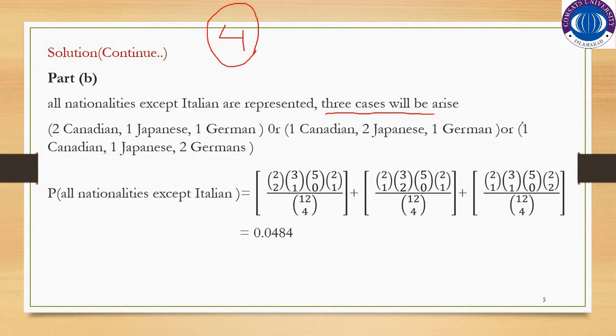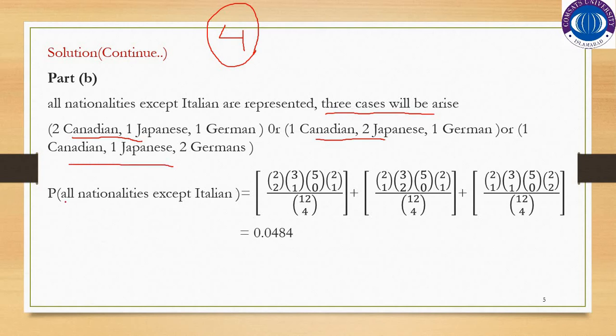Or you can select 1 Canadian, 1 Japanese, and 2 German. So you can make the committee of 4 members by any of these 3 ways. The committee could be like case number 1, or case number 2, or case number 3.